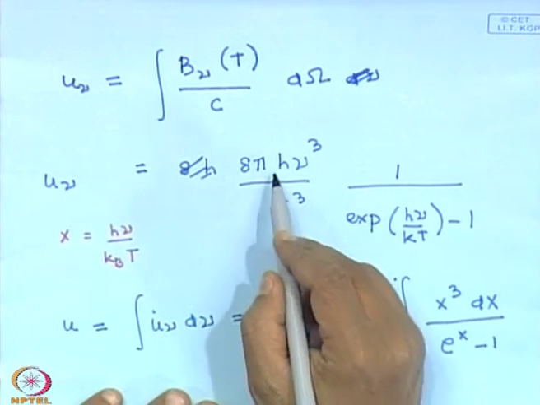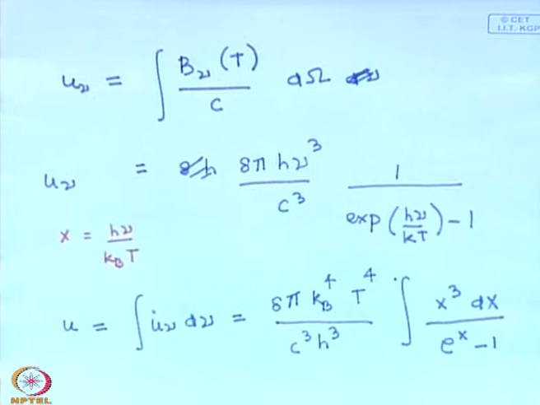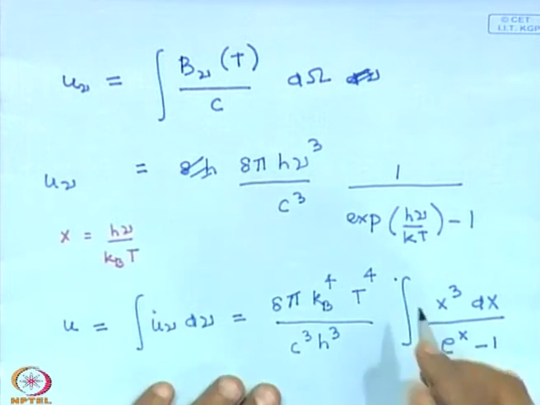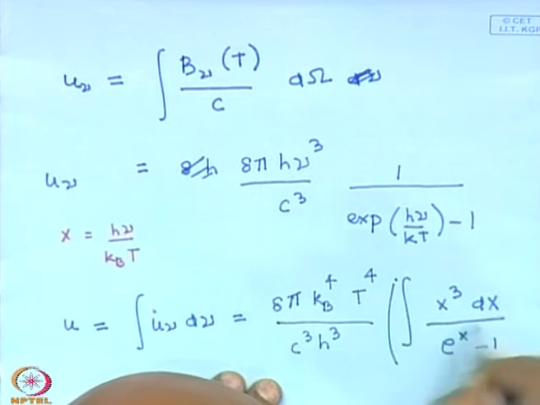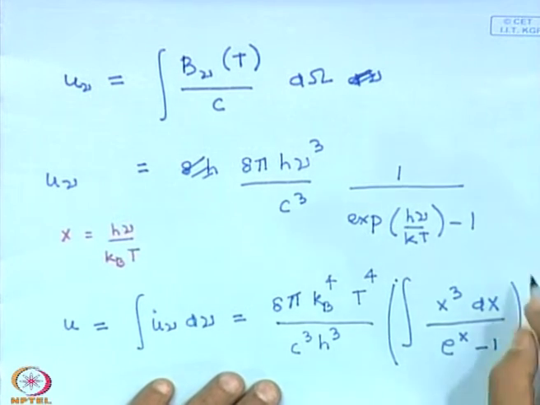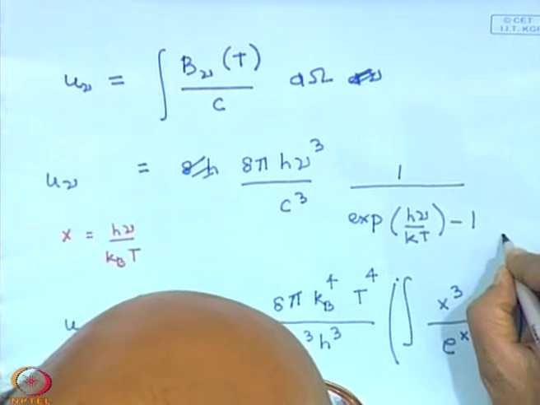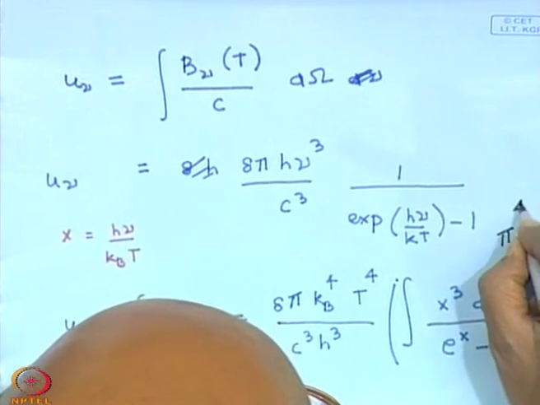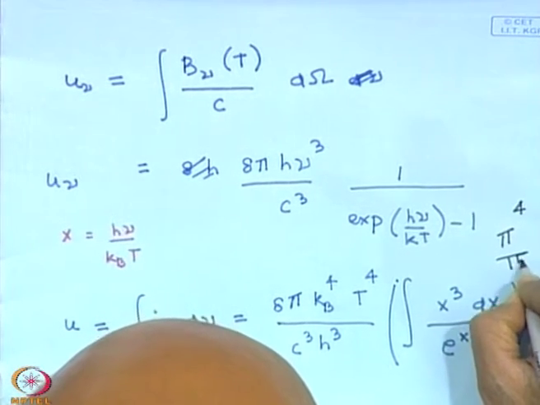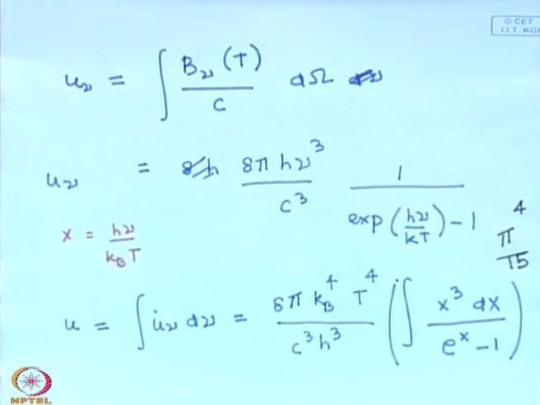One power of h is cancelled out with this. Okay. And this integral, we know this integral has a value pi to the power 4 by 15.